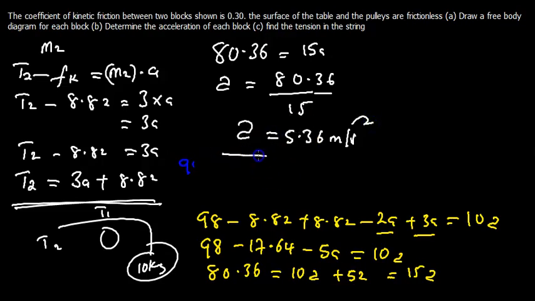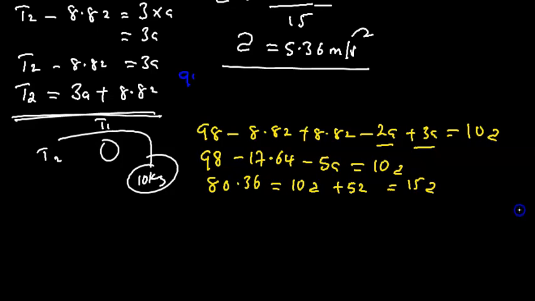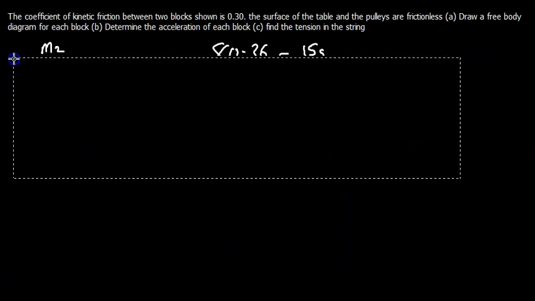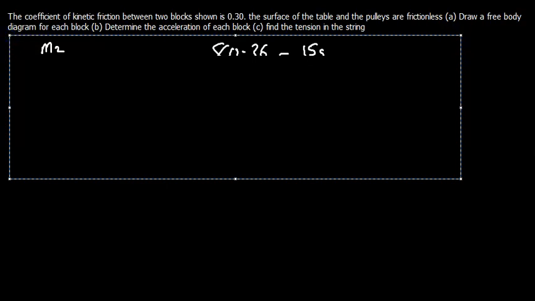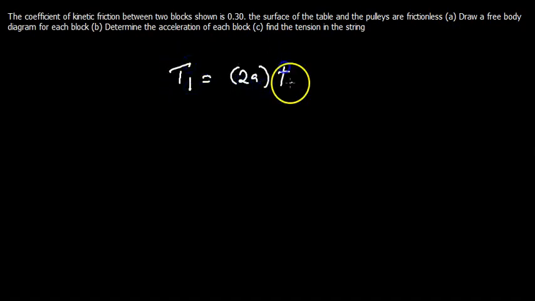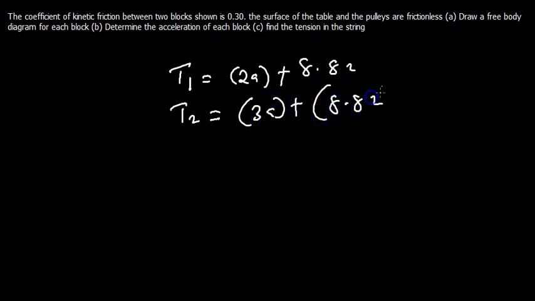So now that we have found our acceleration, let's go and see all the known values now. So notice that we're given M1, M2, M3 and the rest, and we had a conclusion previously. We said our T1 is 2a plus 8.82, and we said our T2 is 3a plus 8.82.